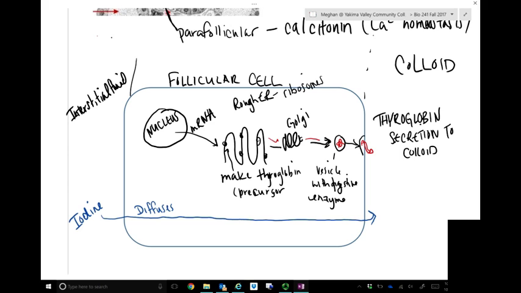Okay, when it diffuses, it's going to come and add to this thyroglobin.